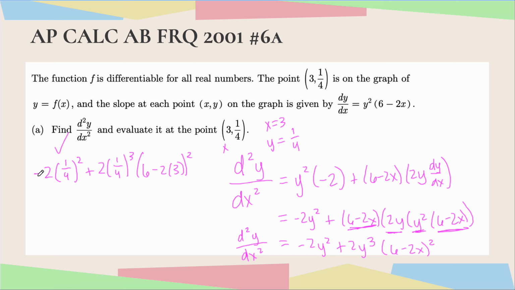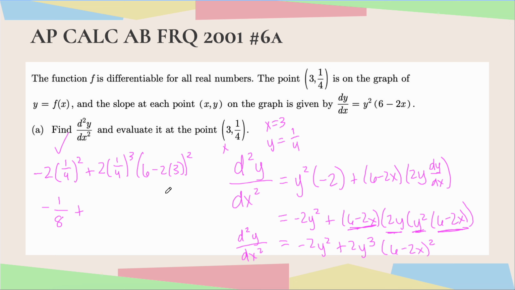So right here for the starting term, this is the same as -2 times 1/16, because again, 1/4 times 1/4 is 1/16. So -2/16 is the same as -1/8. And now here, because all of this is getting multiplied together, the first thing that I'm noticing is this here.